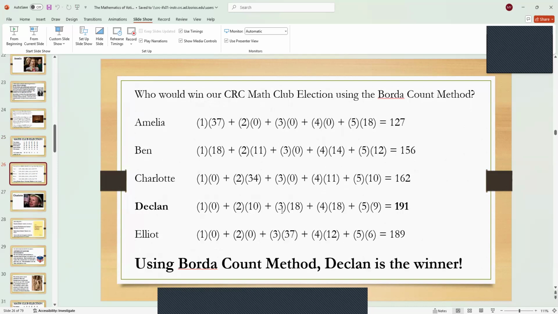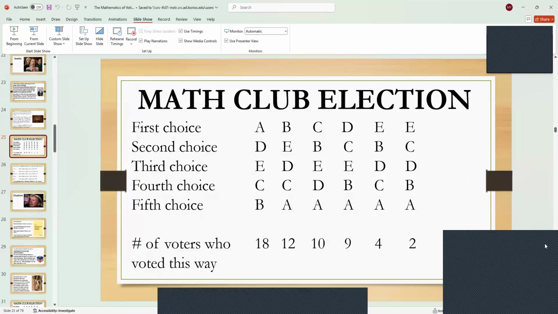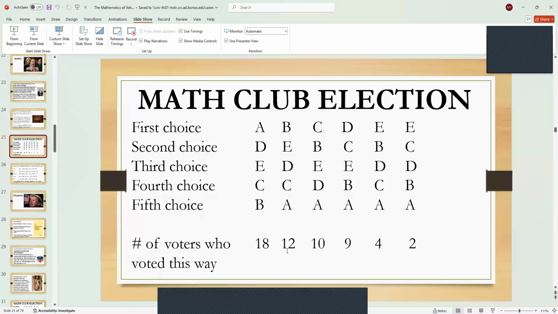Focusing still on Declan, moving our way up to the third from the last row, the middle row. 18 people have Declan there. There are 12 people that had Declan in that row, but there's another 4 right here, and then another 2 at the far right.